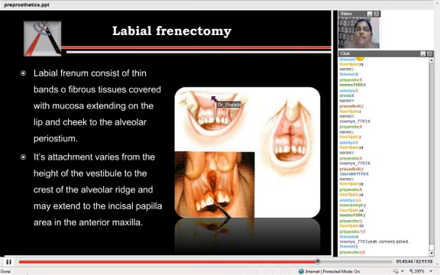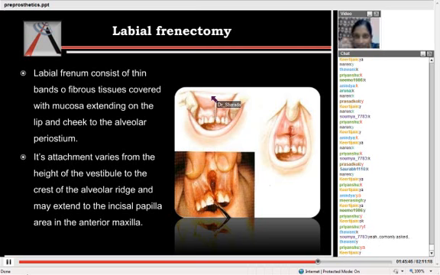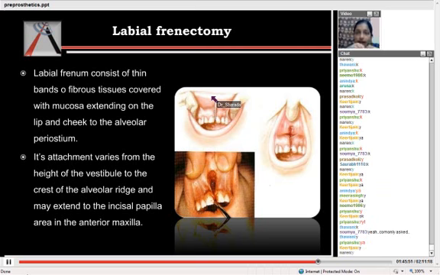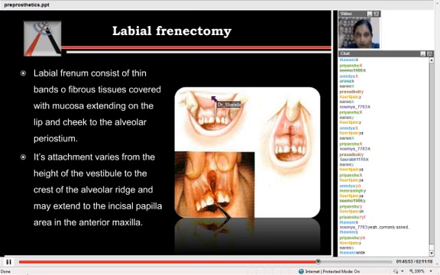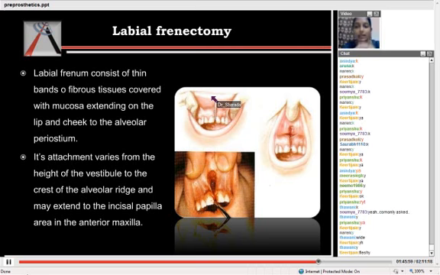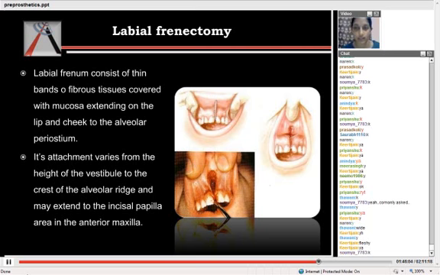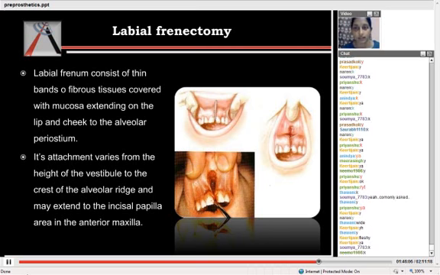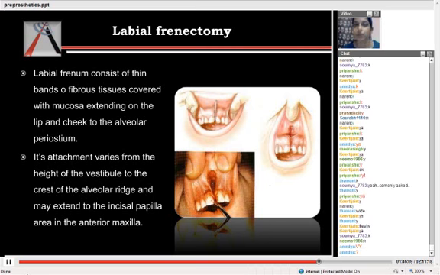VY is lengthening, Z is when your frenum is broad and vestibule is short, and cross diamond is when you have your fleshy frenum. Got it? So that's the only three things you need to remember about entire frenectomy. You know the problems, everything.